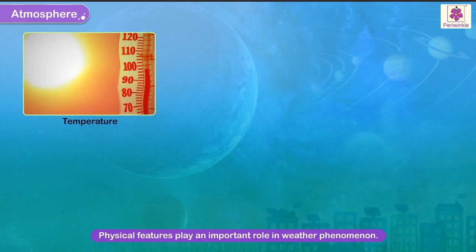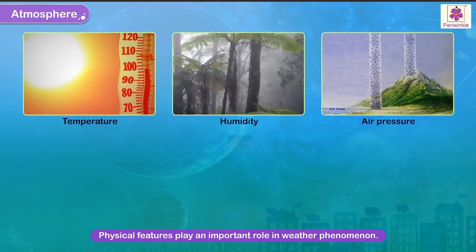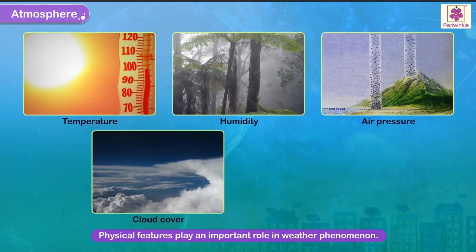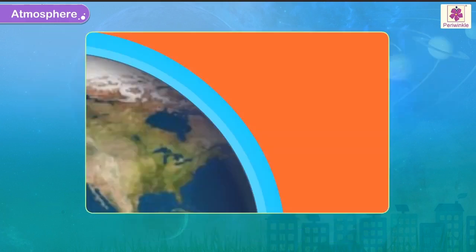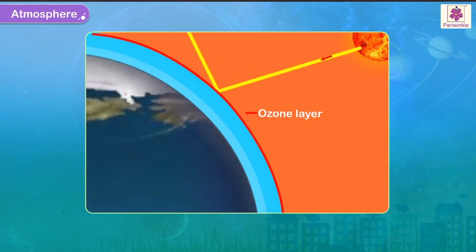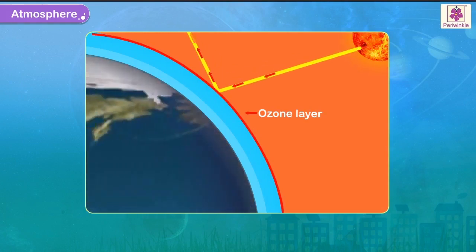Physical features like temperature, humidity, air pressure, cloud cover, and altitude play an important role in weather phenomenon. The other layers, including the ozone layer, absorb and or reflect back the harmful rays of the sun.